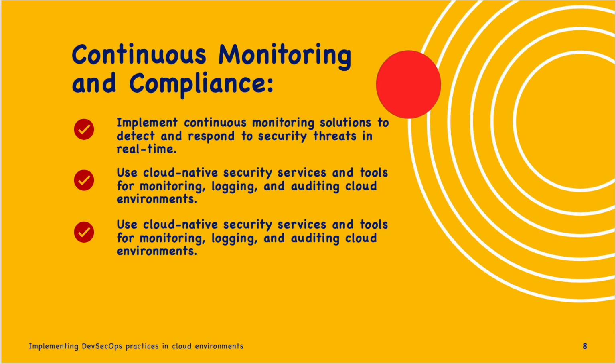AWS Security Hub provides a centralized view of security alerts and compliance status across AWS accounts. Similarly, there are many others: Amazon Inspector, Amazon Key Management Service, and Amazon Macie for data security and data privacy.